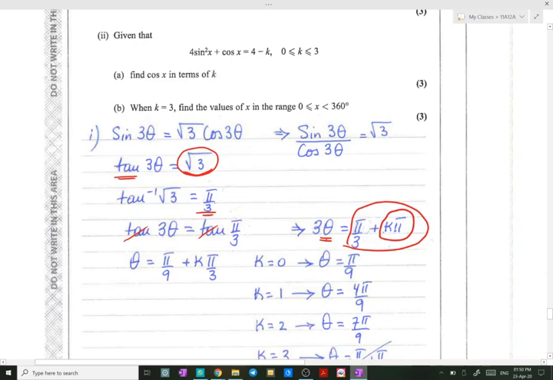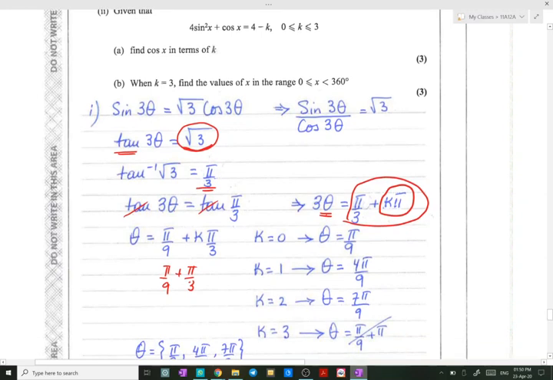If k is 1, then you would have pi over 9 plus pi over 3, and this is going to be 4 pi over 9. If k is 2, then you would have pi over 9 plus 2 pi over 3. Adding that up is going to be 7 pi over 9.